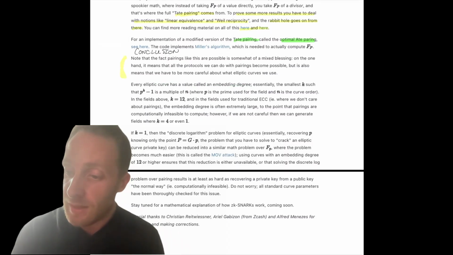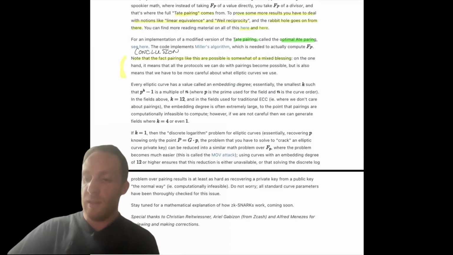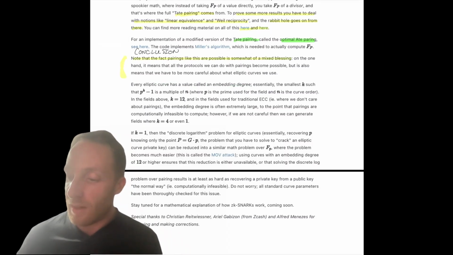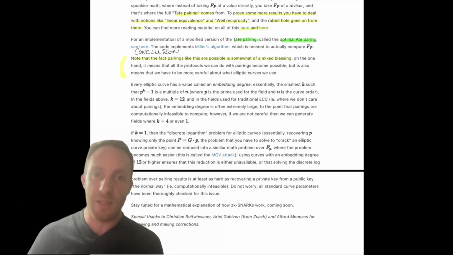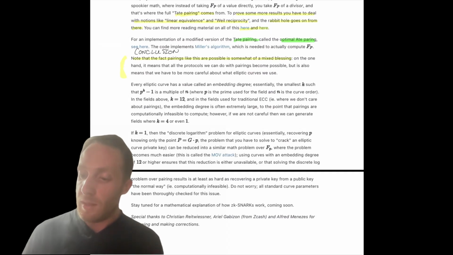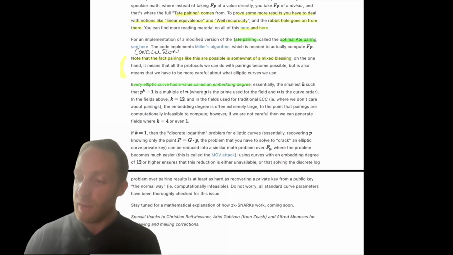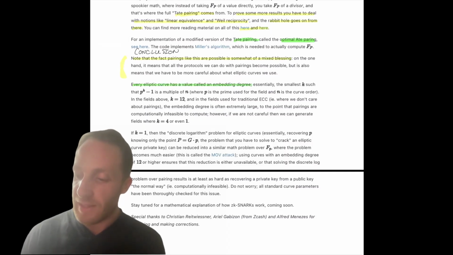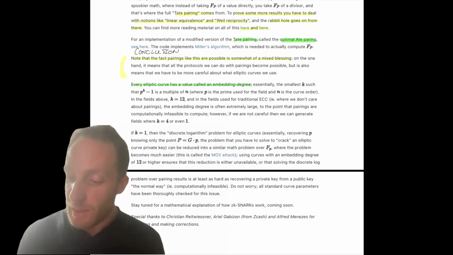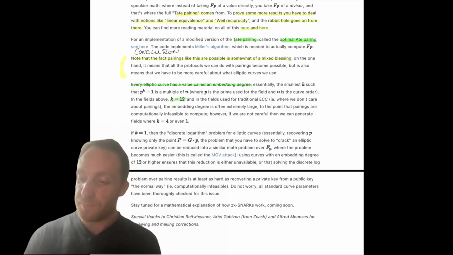But note that the fact that a pairing like this is possible is somewhat of a mixed blessing. It means that all protocols that need pairings become possible, so lots of things. We'll see KZG commitments in the next video. But it also means that we have to be more careful about what elliptic curves we use. Why is that? Because every elliptic curve has a value called an embedding degree, which is defined like this. In the fields above, k equals 12.